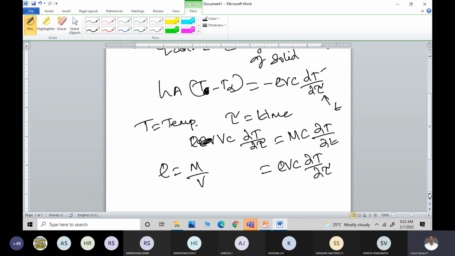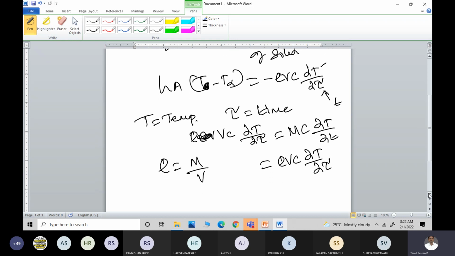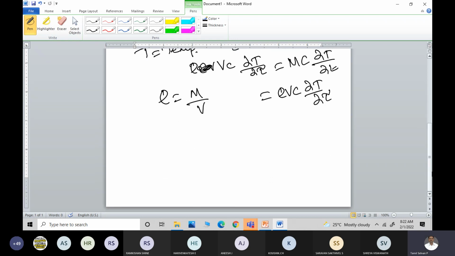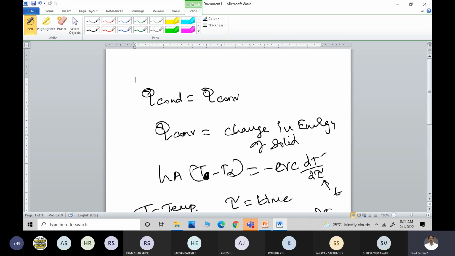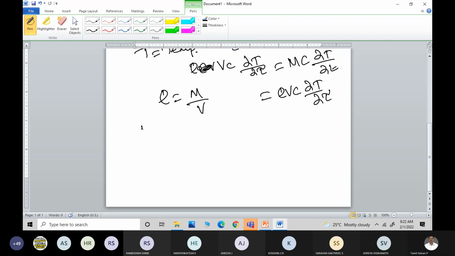Now let us rewrite this expression. Is it visible to you? When we rewrite it, the expression I have written earlier is hA into (T minus T infinity) equal to minus rho V C into dT divided by d tau.